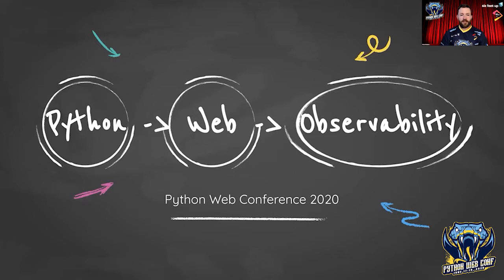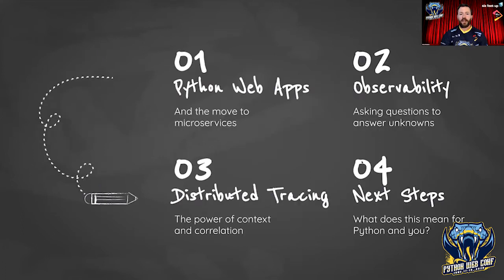So as mentioned, the goal is to talk about Python Web in the context of observability. I'm going to do this in a variety of different ways. Basically, talk about how Python web apps are evolving now, how the landscape of developing as a whole is moving to more of a distributed microservices-based model.